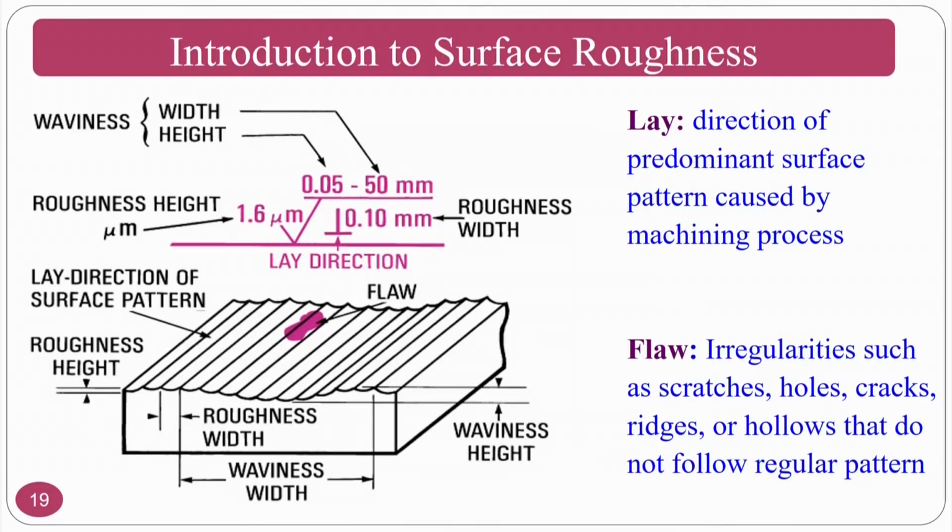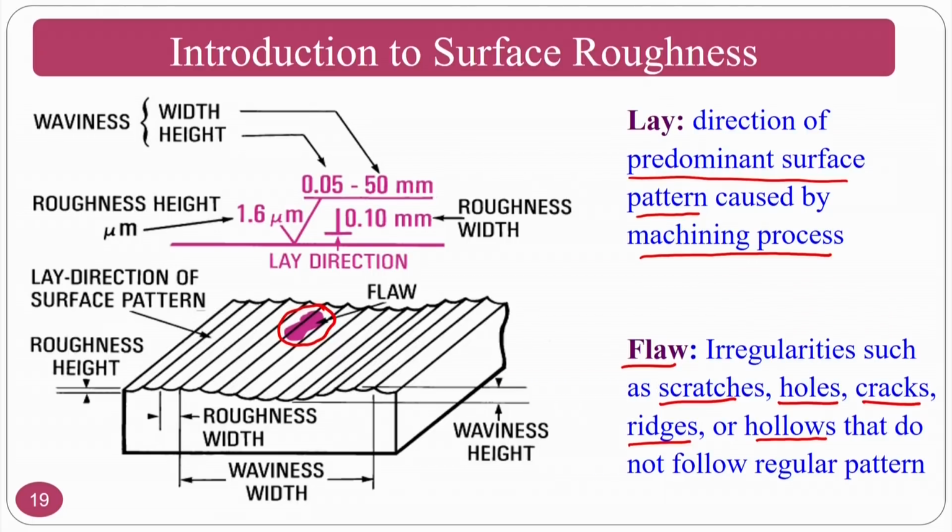Now we will come to what a lay is. Lay is the predominant direction of the surface roughness, the predominant surface pattern caused by the machining process. Flaws are the scratches, holes, cracks, ridges or hollows present on the surface which are not a part of the machining process.